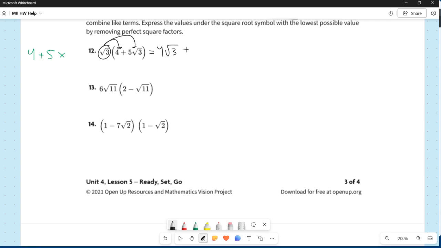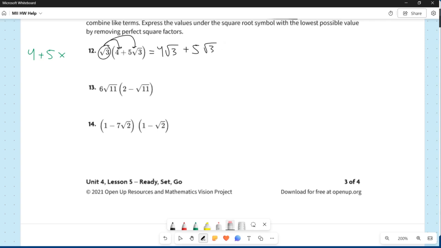On a pretty straightforward level, that means we have 5, and then we have root 3, but we're going to multiply by another root 3. You could write that as times another root 3. That would be correct, and it might not be a bad idea to write it like that.